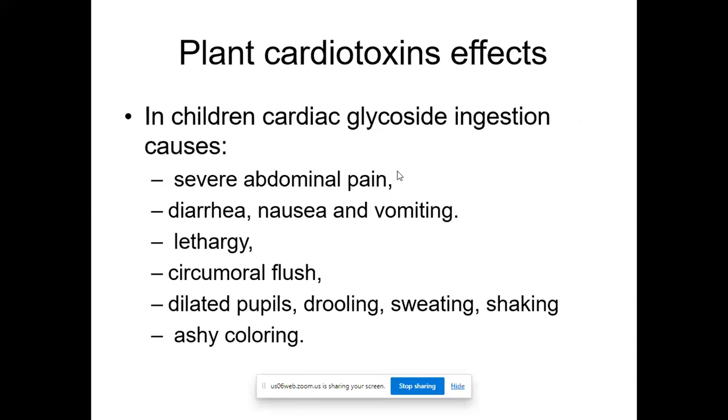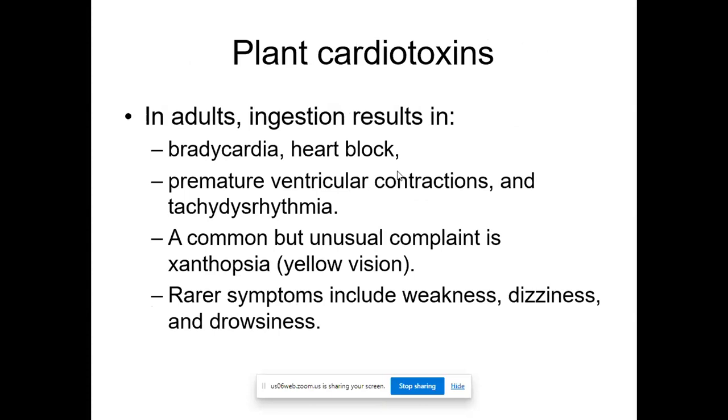For adults, you'll see them having bradycardia and heart block. I don't know why the children are not experiencing it. Premature ventricular contractions. A common but unusual complaint is xanthopsia, which is yellow vision, and others include weakness, dizziness, and drowsiness.